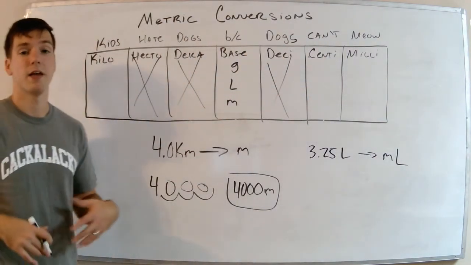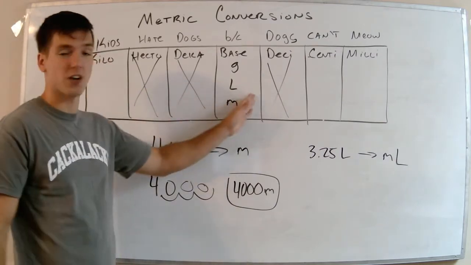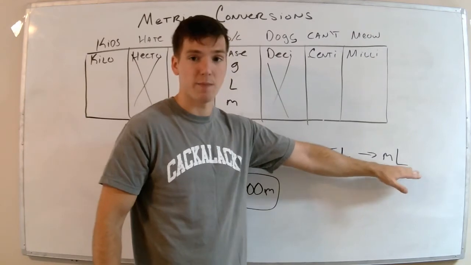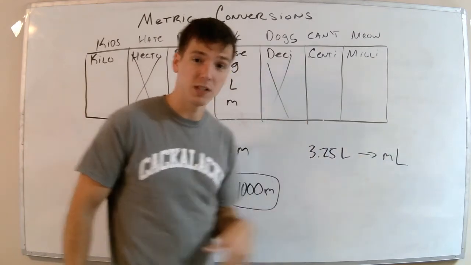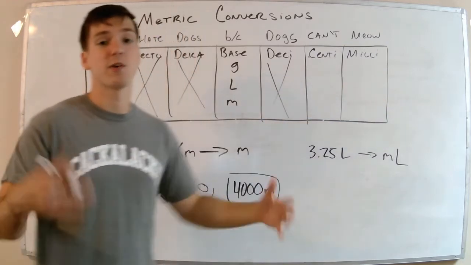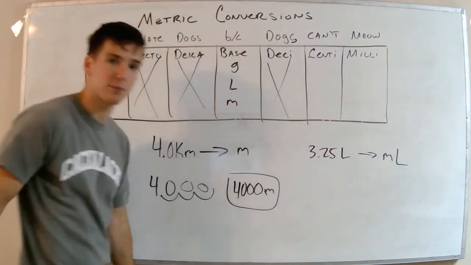So again, we're looking at where we're starting. That gave us 3.25 liters. So we're starting in the base section, and this is lowercase m, uppercase L, which stands for milliliters. So we're trying to go from base to milli. In order to get from base to milli, we do 1, 2, 3 hops to the right.